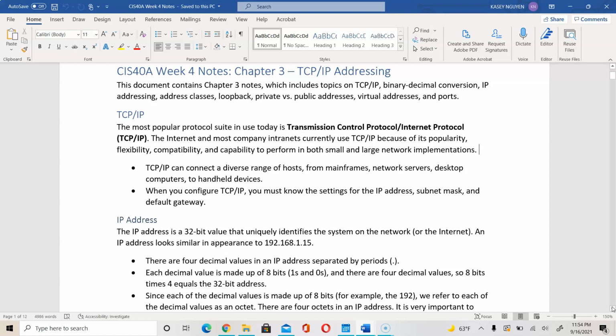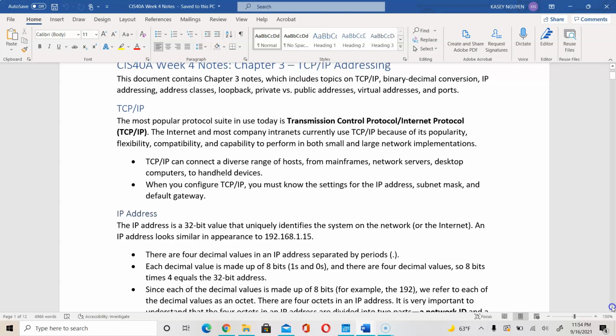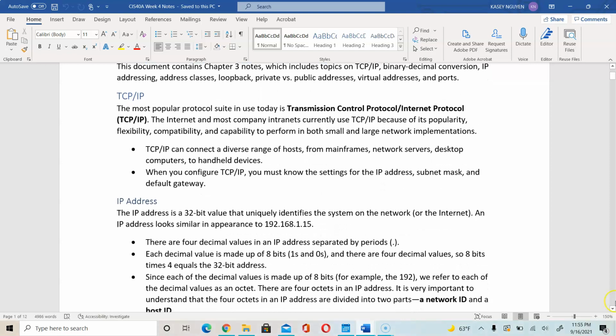TCP gives us reliability in transmission. The name Transmission Control Protocol comes from the three-way handshake it establishes to make sure that communication is established before data is sent. In this chapter, we're going to focus on IP addresses.